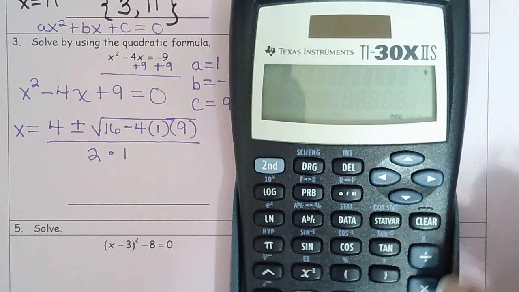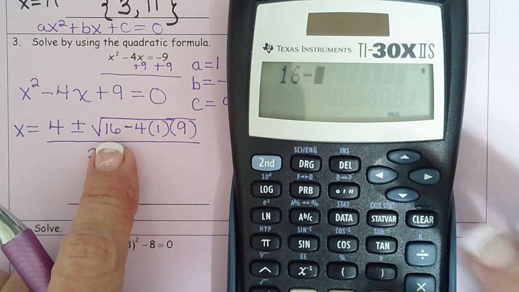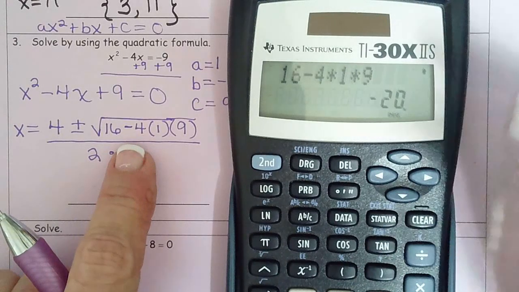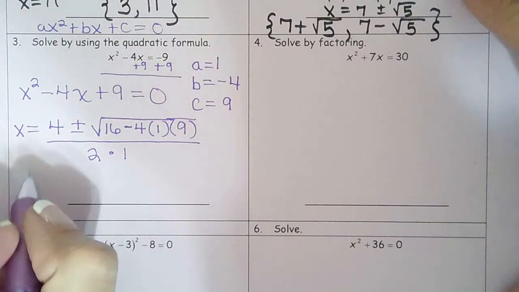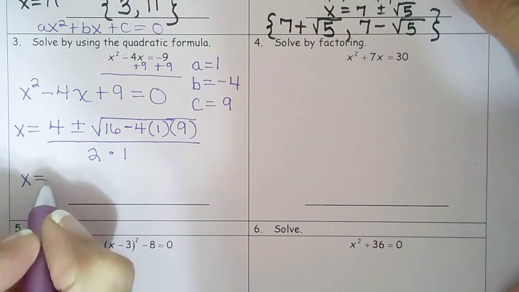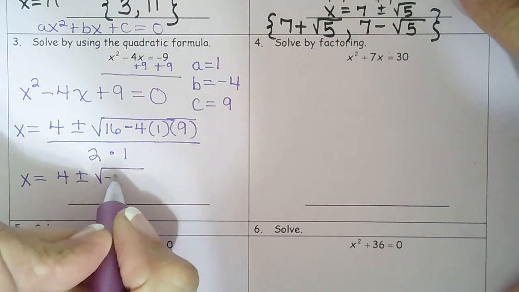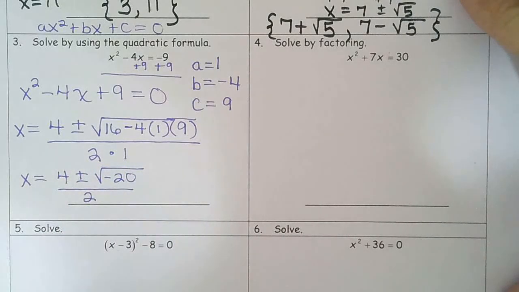Remember, you don't type the radical in. You only type in what's underneath. So 16 minus 4 times 1 times 9, and that is negative 20. So x equals 4 plus or minus square root of negative 20 all over 2.